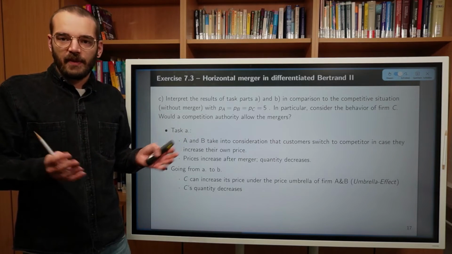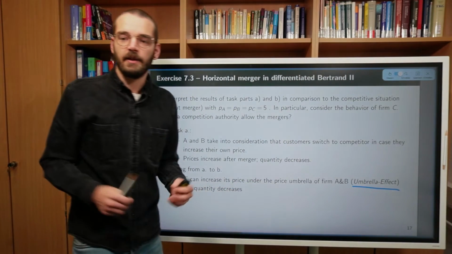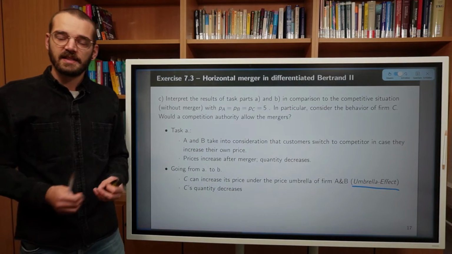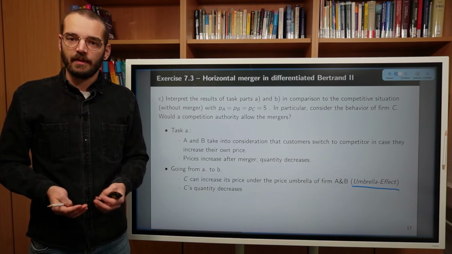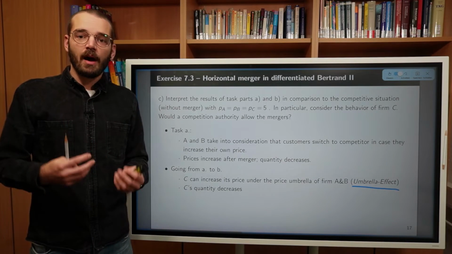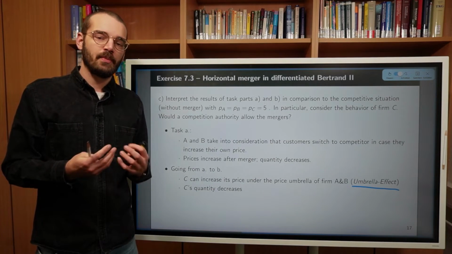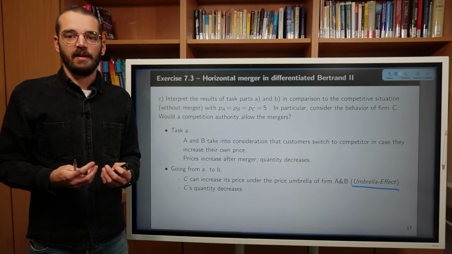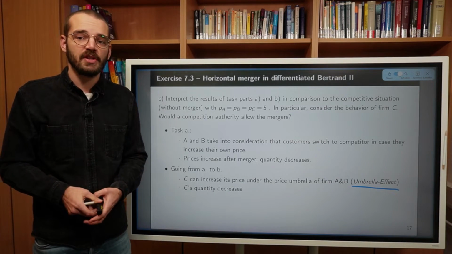Just to lose a few more words on the umbrella effect, what we mean by this is, in a situation where there is a merger happening in the market, which allows the merging firms to increase their price because they now have a stronger market position, they gain market power through the merger.